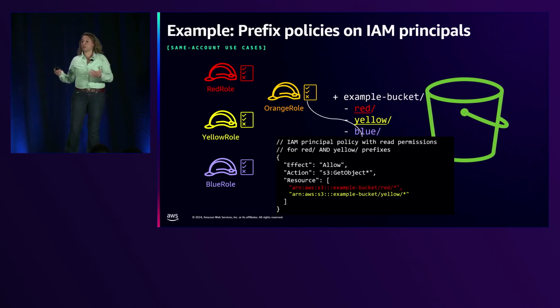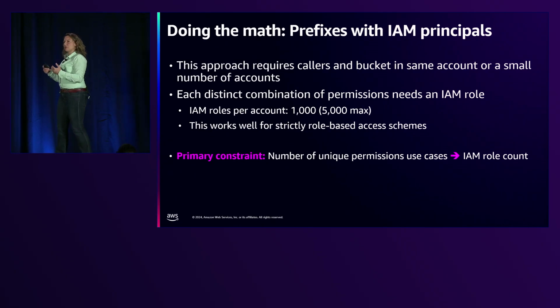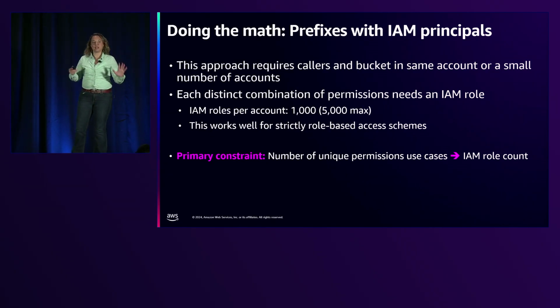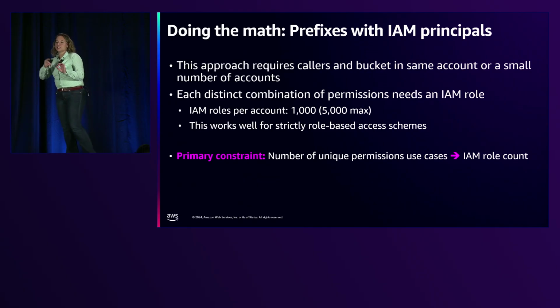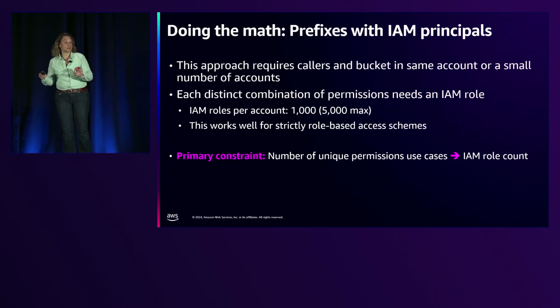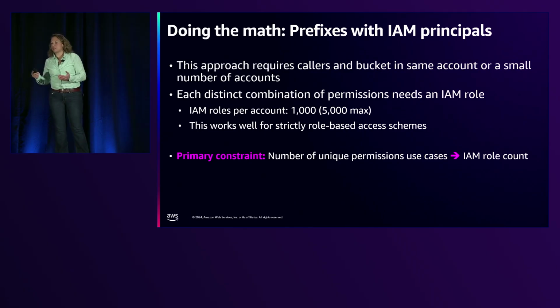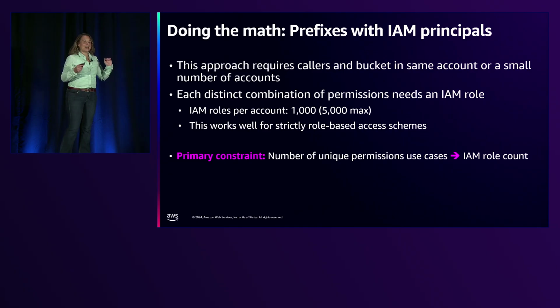Now, sometimes this is going to work, and sometimes it's not. Think about what the limiting reagent would be on scale. It's going to be the number of discrete static access patterns you're going to have in this story. The limit in IAM is 1,000 roles. You can request a limit increase to 5,000 roles per account, but really not past that. So what is this going to work for?